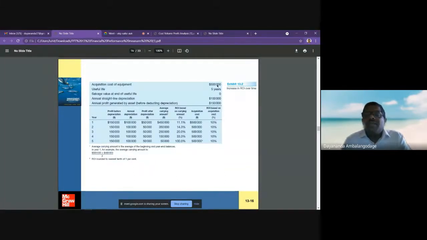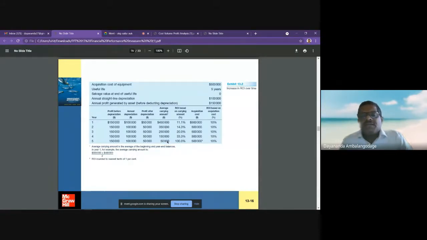So 500 is the beginning. After 2 years, you have to reduce 200,000 because of first year depreciation and second year depreciation. Thereby, second year closing balance would be 300. So 400 and 300, you add them, altogether 700. 700 divided by 2, 350. Are you clear?